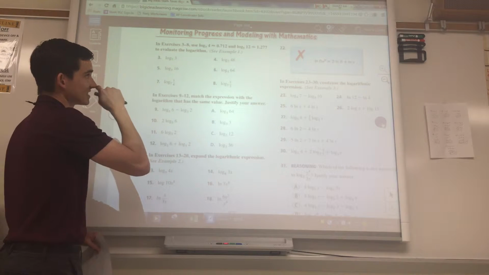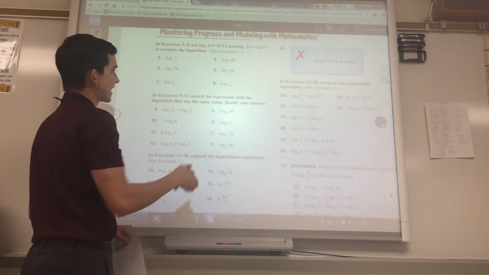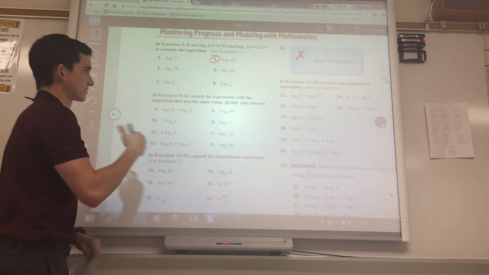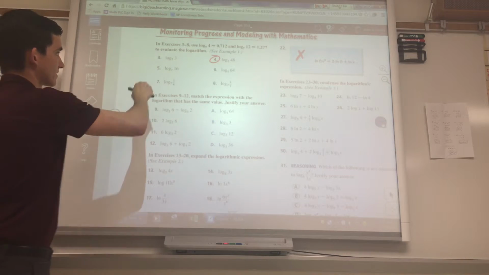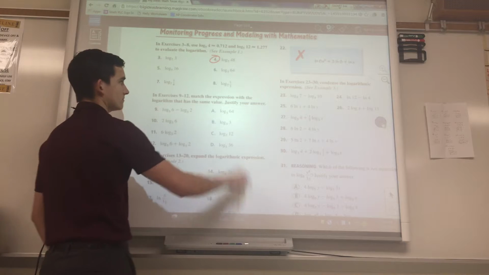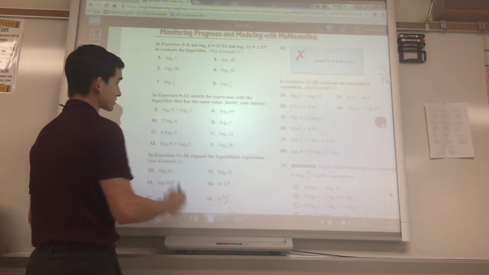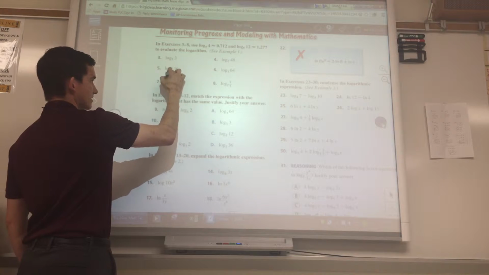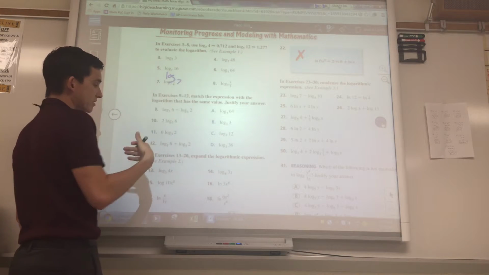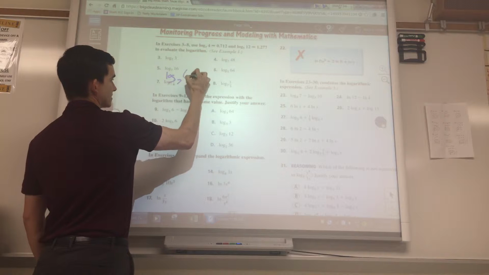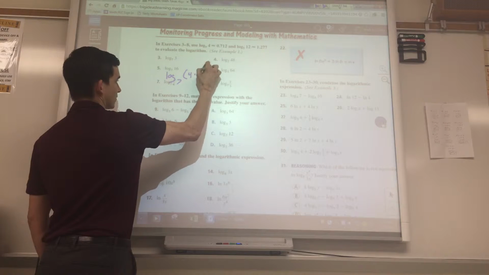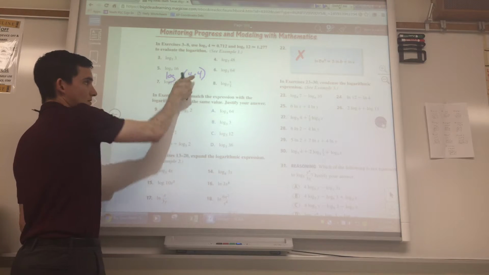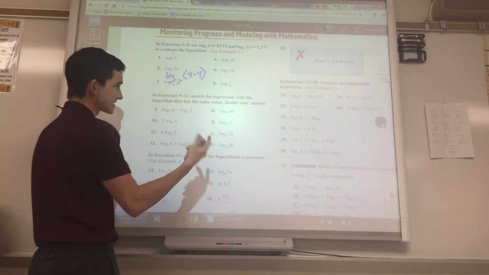Log base 7 of 16. I actually did this one next, but I decided I'm going to go through the odds. So I'm not going to know the answer of this one either, but I'll show you how to do it. Log base 7 of 16: now I need to put it in terms of things that I know. 16 is 4 times 4. So I'm multiplying two exponents together, and that's the same as adding them.